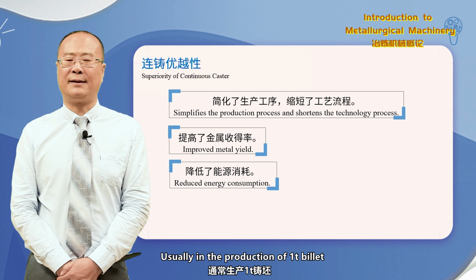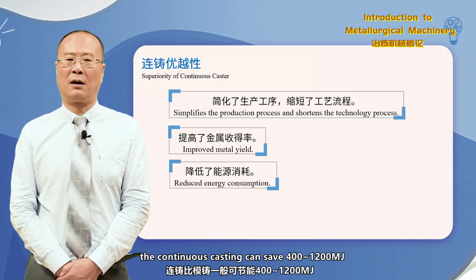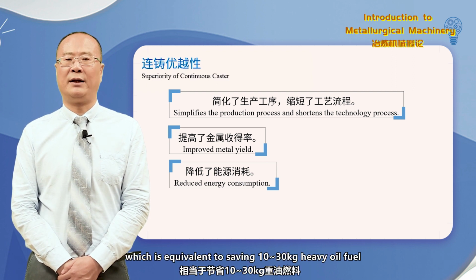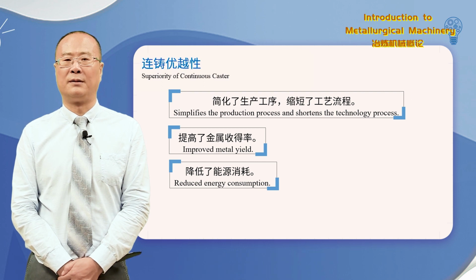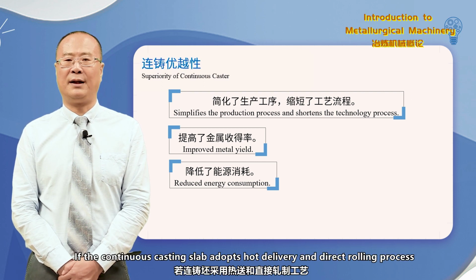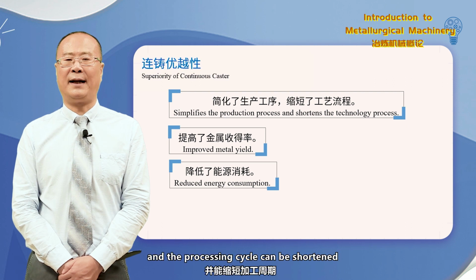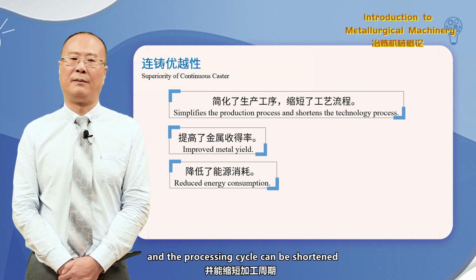Usually, in the production of billet, continuous casting can save 400 to 200 MJ, which is equivalent to saving 10 to 30 kg of heavy oil fuel. If the continuous casting slab adopts hot delivery and direct rolling process, the energy consumption can be further reduced, and the processing cycle can be shortened.